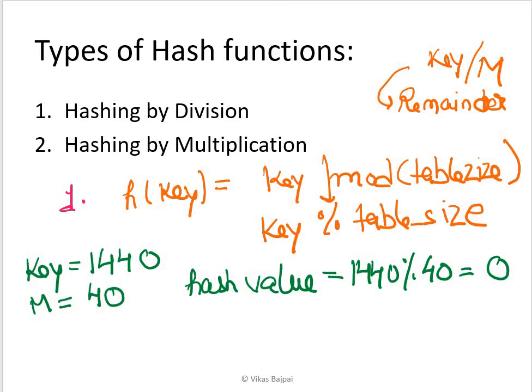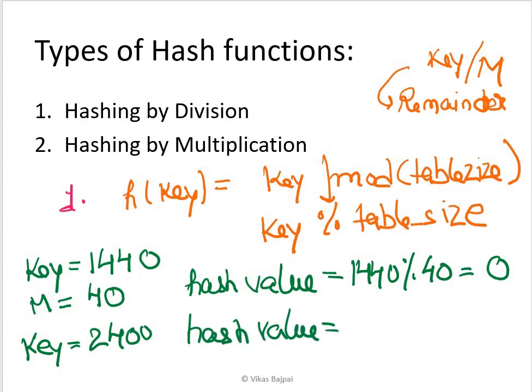And I have another key value, which is 2400. Now what I get is hash value equals 2400 mod 40, which is once again 0.